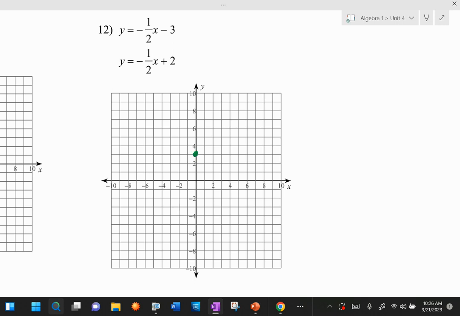Gotta be, right? -3, because we got that subtraction sign in front. Okay, so it's got to be a -3. Gibran, what is the slope for the first equation? -1/2, right? Okay, so we're going to go down 1, right 2. Down 1, right 2.